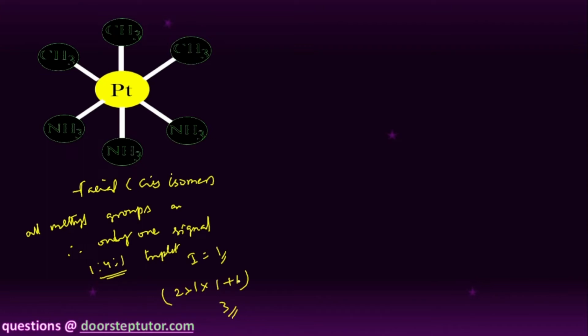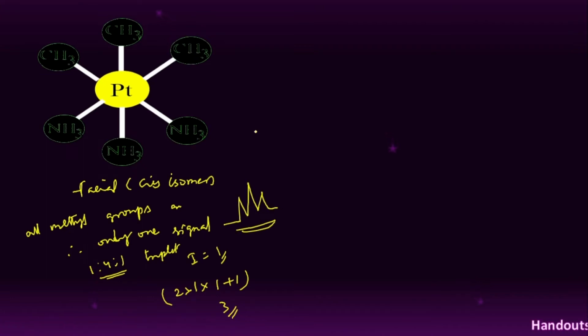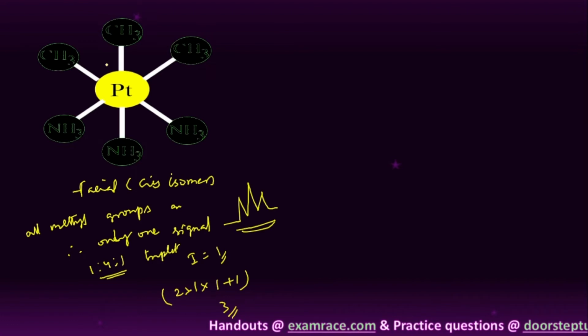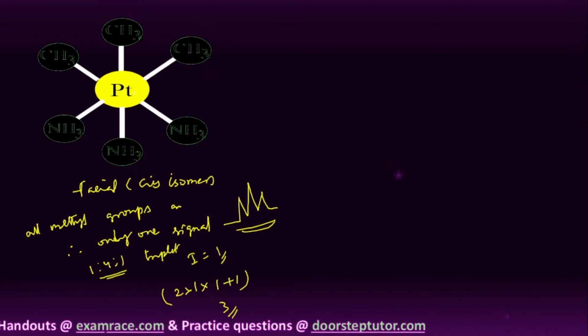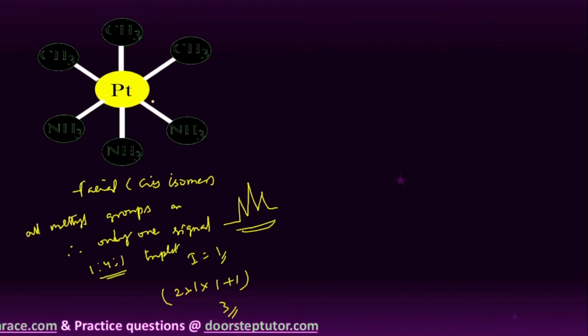Therefore it gives a triplet in the NMR spectroscopy, right? All these three methyls are equivalent, so it gives only one signal, but these three methyl protons are coupled with the platinum. Therefore it gives a triplet in the NMR spectroscopy.